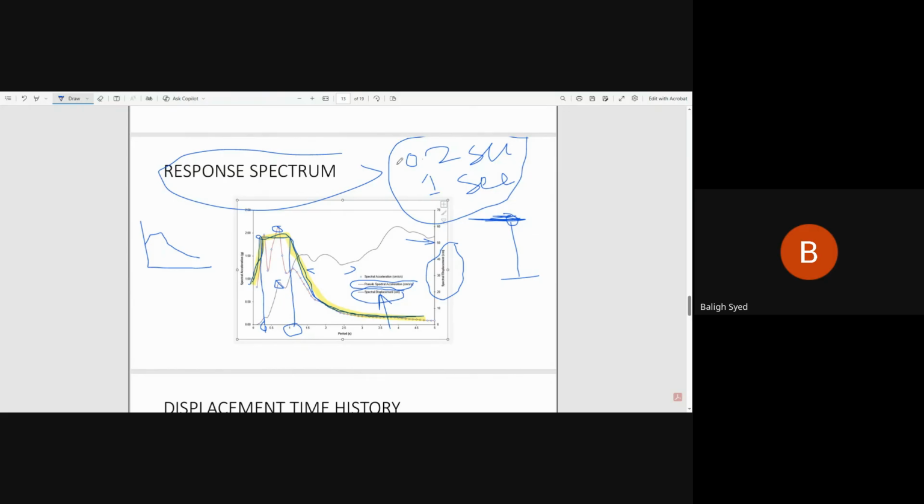And the code is doing it because it wants to enforce some restrictions to control force on your structure and to control the drift on your structure.